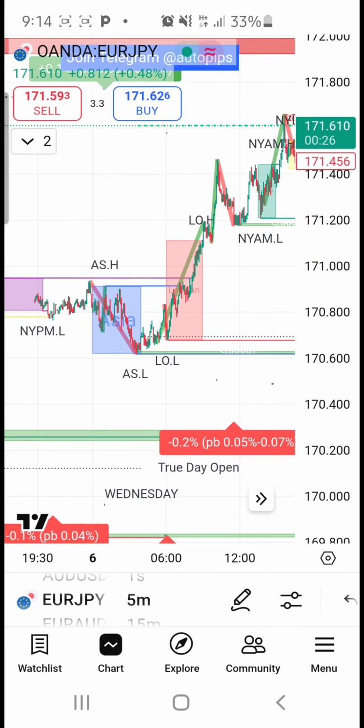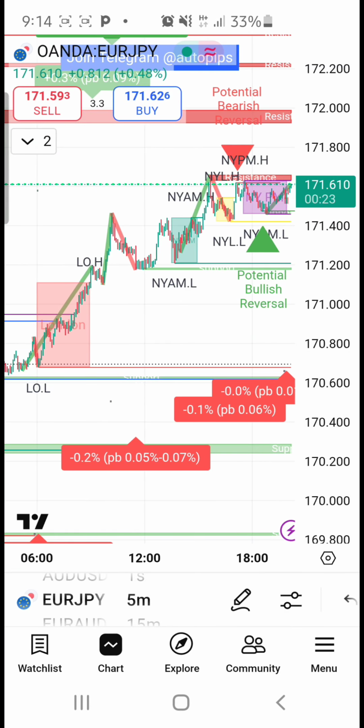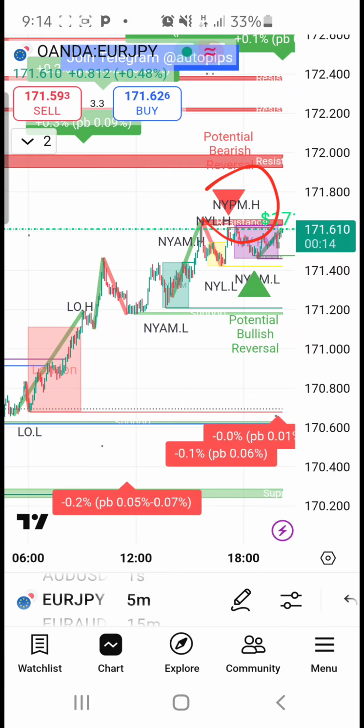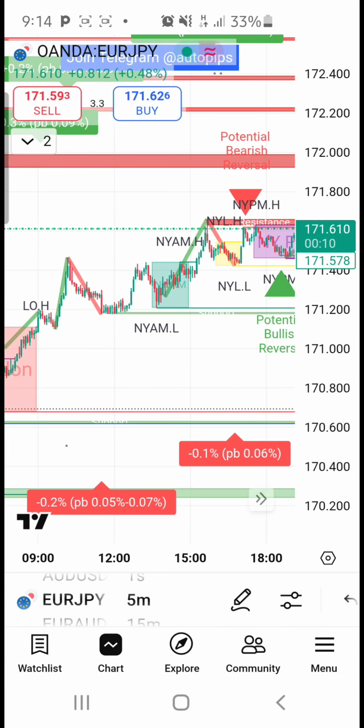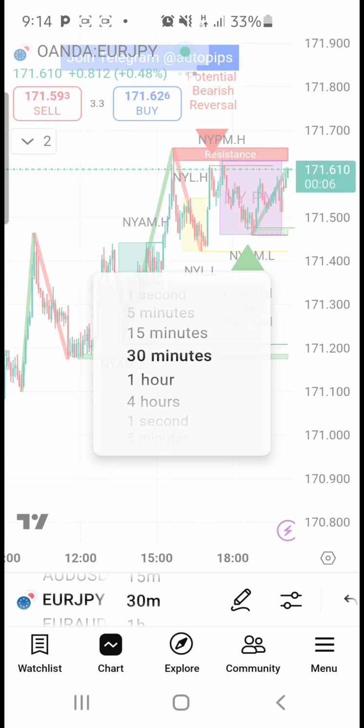This indicator also predicts the potential direction where the price is going. These are the arrows we are seeing here: red for a bearish move, green for a bullish move. When using this indicator, you don't need to use a big time frame.